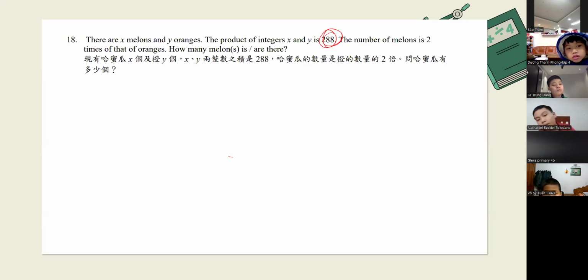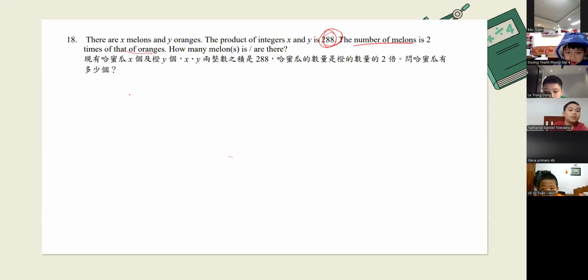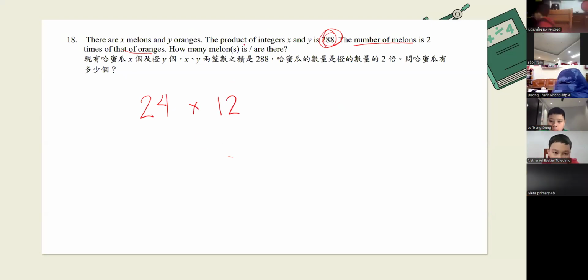Okay, let's try to verify that in another way. Let me show you something. It says that the number of melons is 2 times that of oranges. So we had an answer of 24, and the other number is 12, right? If it's really 24, then we must have a product of 288.